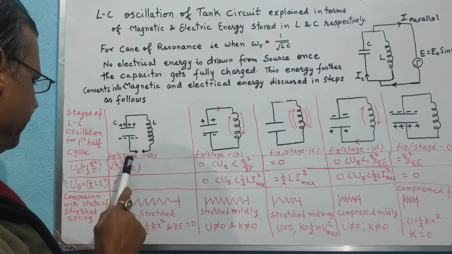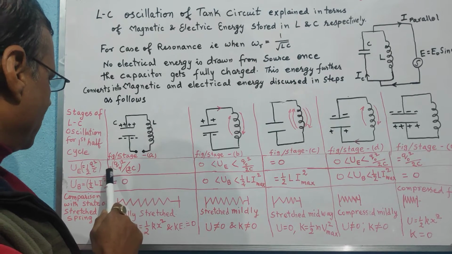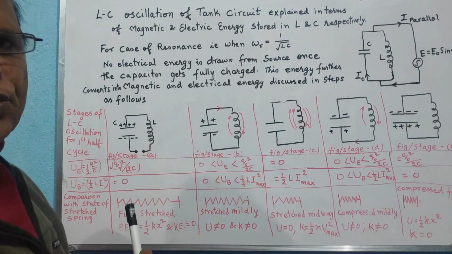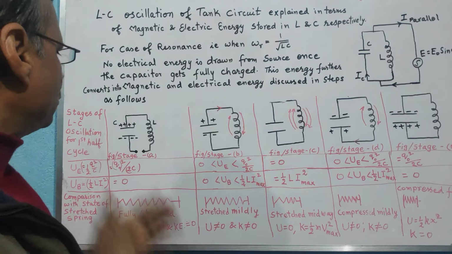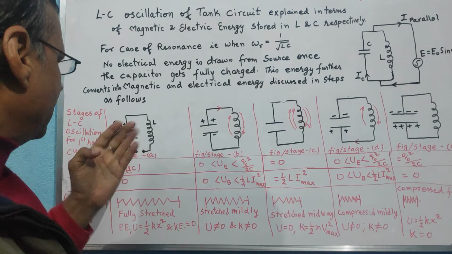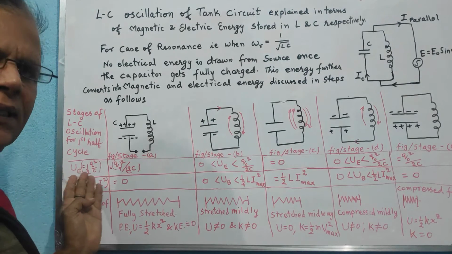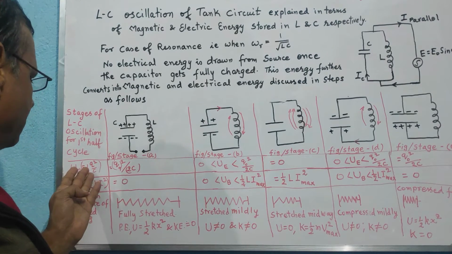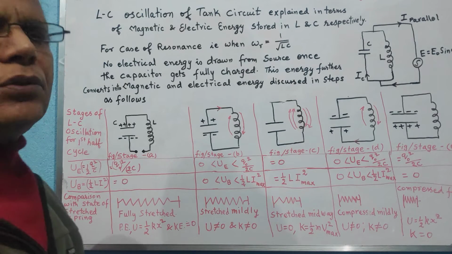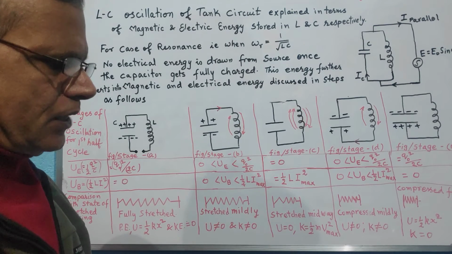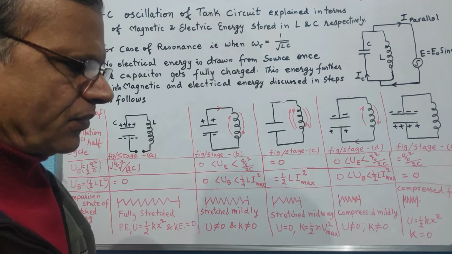At this stage, the electrical energy stored in the capacitor is Q0 square divided by 2C, where Q0 is the maximum charge stored by the capacitor. The general relation for the electrical energy stored in the capacitor is half Q square by C, where Q is equal to Q0 sin omega t or cos omega t, whatever expression we select.